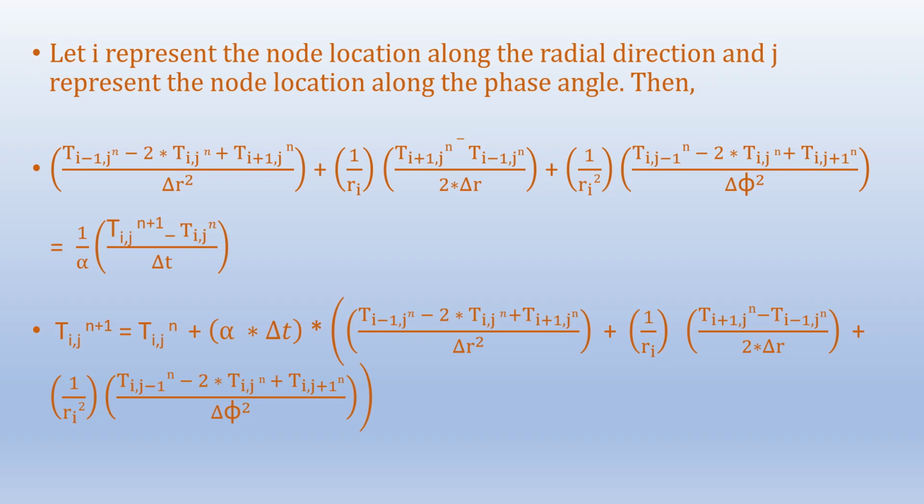Then our finite difference equation is written as (T[i-1,j]^n minus 2 T[i,j]^n plus T[i+1,j]^n) over delta r squared, plus 1 over r_i times (T[i+1,j]^n minus T[i-1,j]^n) over 2 delta r, plus 1 over r_i squared times (T[i,j-1]^n minus 2 T[i,j]^n plus T[i,j+1]^n) over delta phi squared, equals 1 over alpha times (T[i,j]^(n+1) minus T[i,j]^n) over delta t.